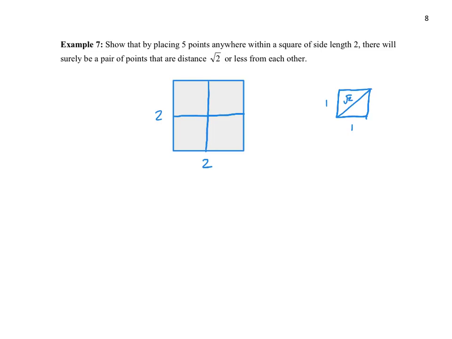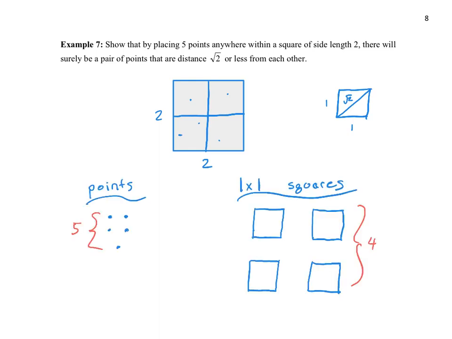So that 5 points, when shoved into this 2 by 2 square, by the pigeonhole principle, we would have to have 2 of them end up in the same region. So we just need to set up the pigeonhole principle to try to solve the problem in this way. So our pigeons will be points, and our holes will be these 1 by 1 squares.